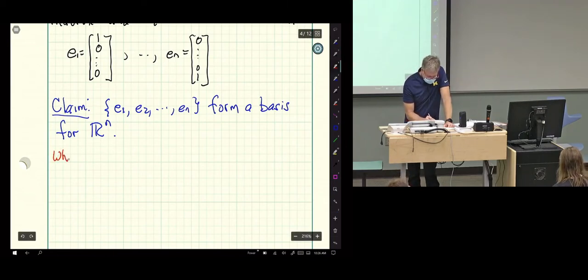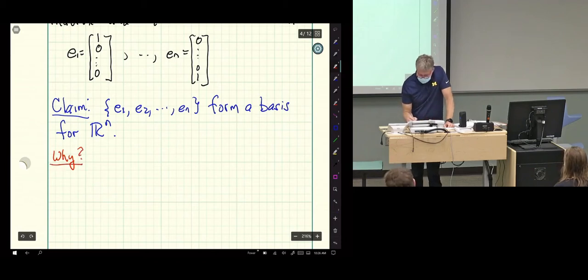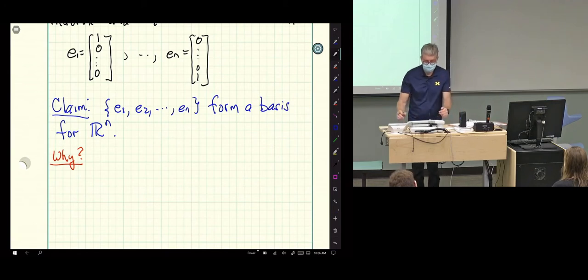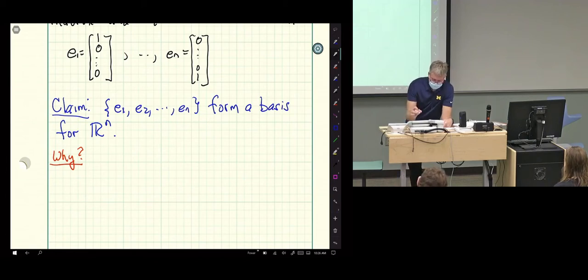Okay, so here's our code word in Rob 501 for the word proof. If you want to show something's a basis, it has two properties. The elements need to be linearly independent, and we need to be able to generate every possible vector in Rn by a linear combination. So it's almost a one-liner.